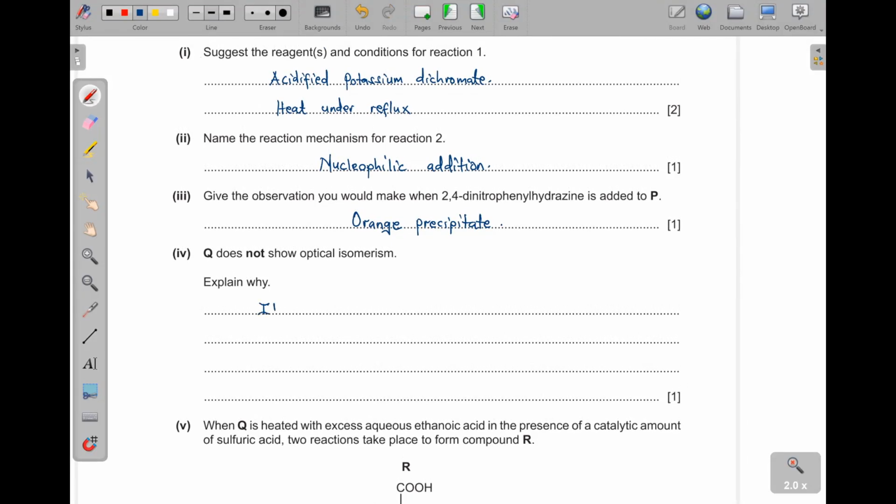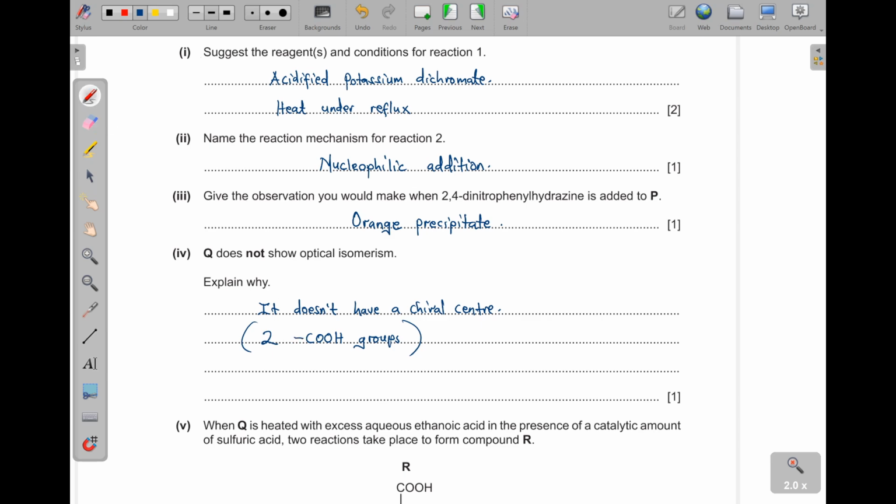So I will say it doesn't have a chiral center. Or you can say 2 COOH groups. You can also write that.